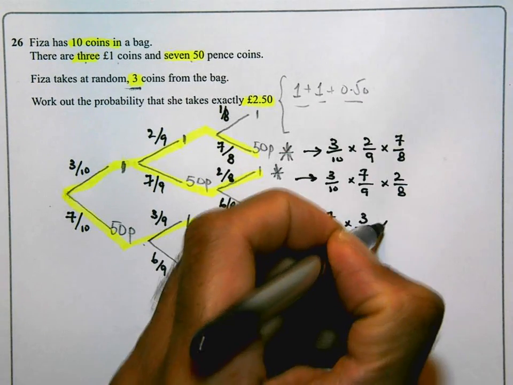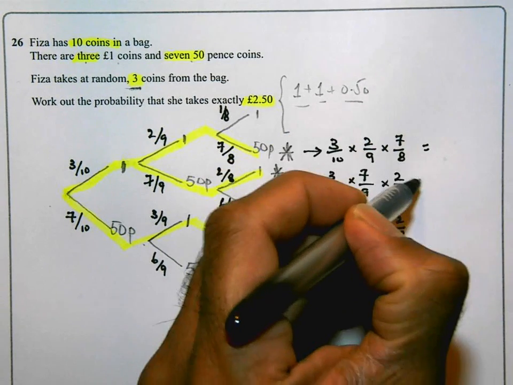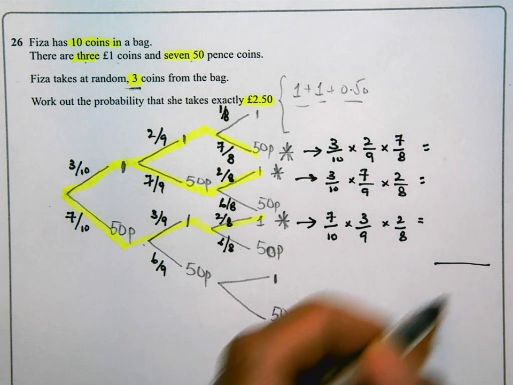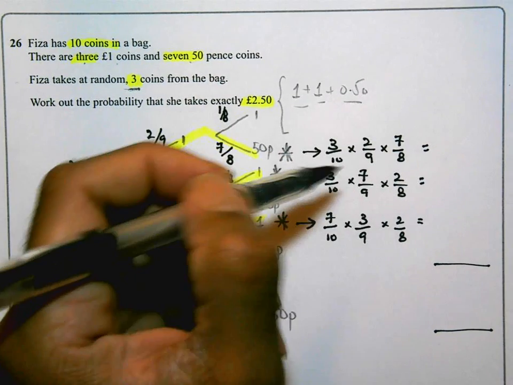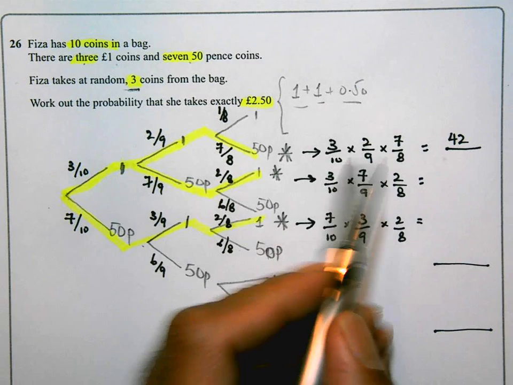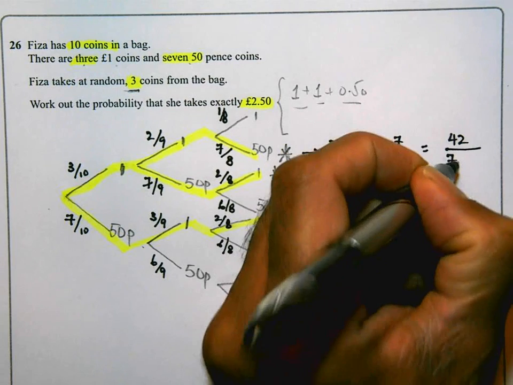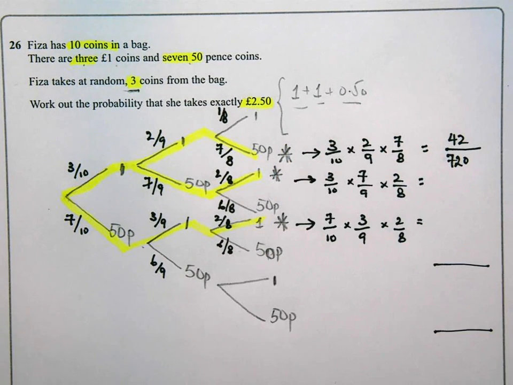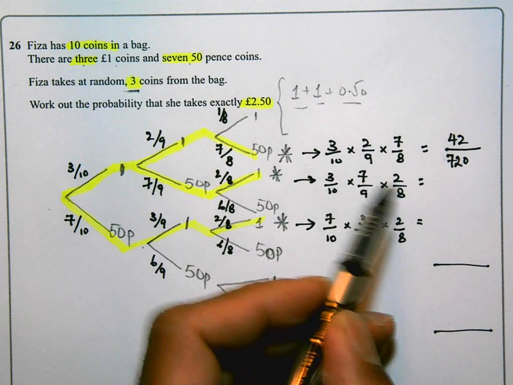Once we work out each of these, we'll need to add them up, and that will give us our overall answer of the probability that she takes exactly £2.50. So 3 times 2 is 6, 6 times 7 is 42, all over 10 times 9 times 8, which is 720. 7 times 3 is 21, times 2 is 42, again over 720.